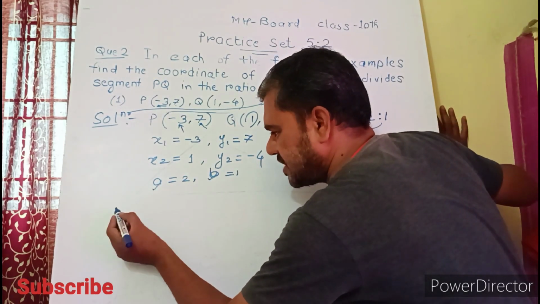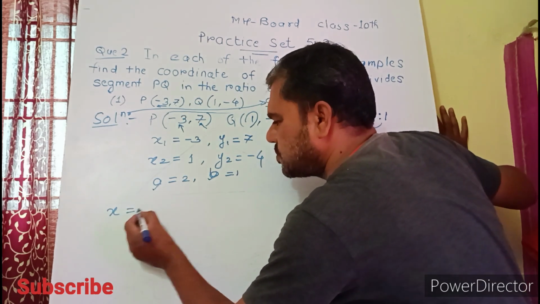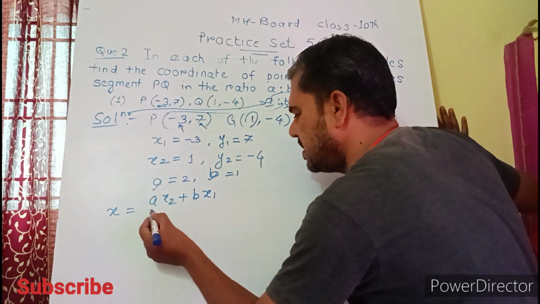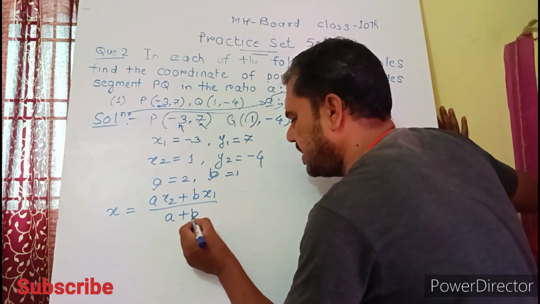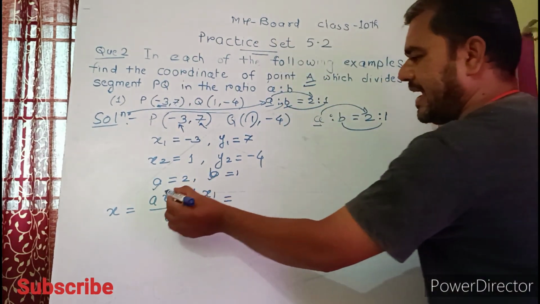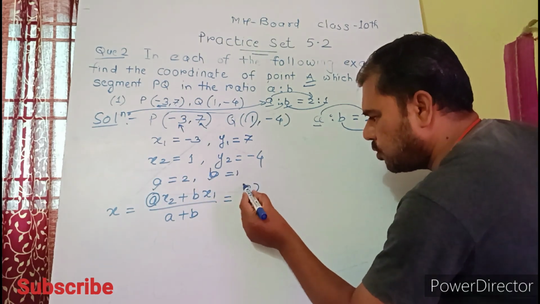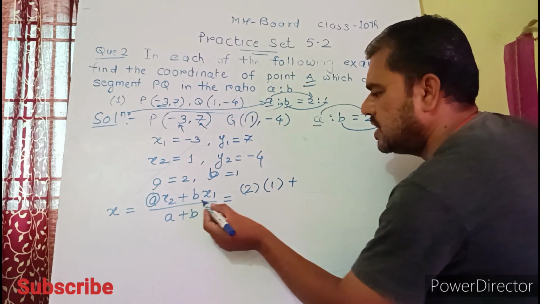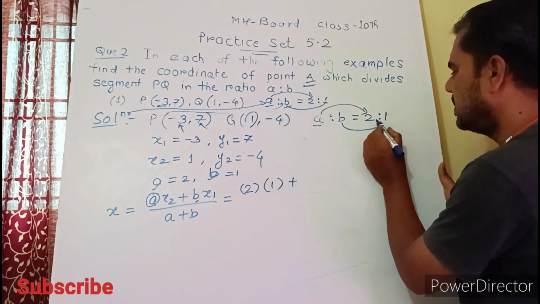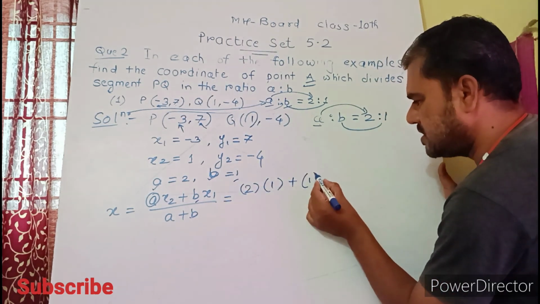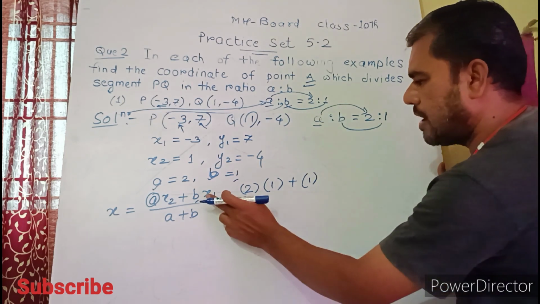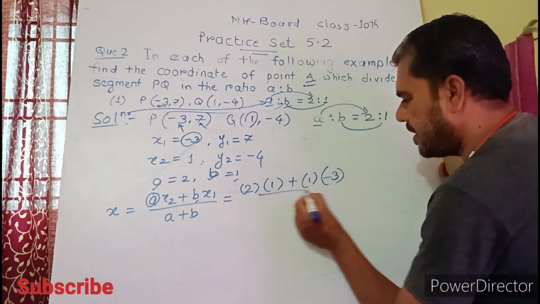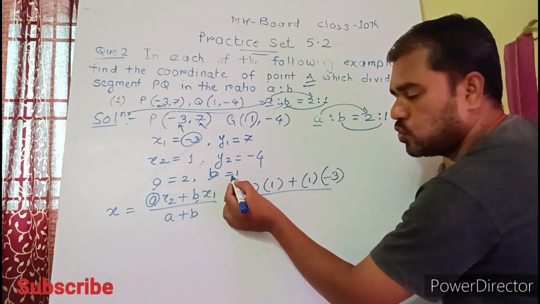Now the new formula, the section formula, is x equals a into x2 plus b into x1 divided by a plus b. The value of a is 2, put 2 instead of a. The value of x2 is 1, plus the value of b is 1, put 1 instead of b, and the value of x1 is minus 3, put minus 3 here, divided by a plus b, that is 2 plus 1.